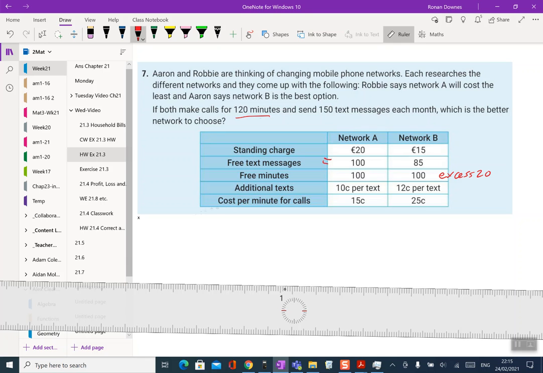So the excess here will be 50, and the excess here will be 65. Which is the better network to join?